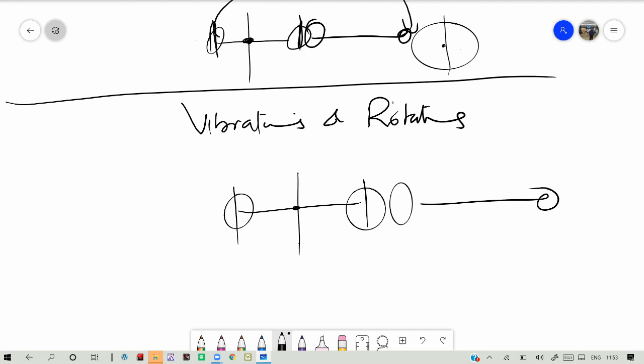The first approximation is used for separating the translation motion, to make the molecule free of any translation motion. That is only possible when we treat these two atoms as a single entity. How is that done? That is done by taking the center of mass approximation. So it becomes a single particle actually.